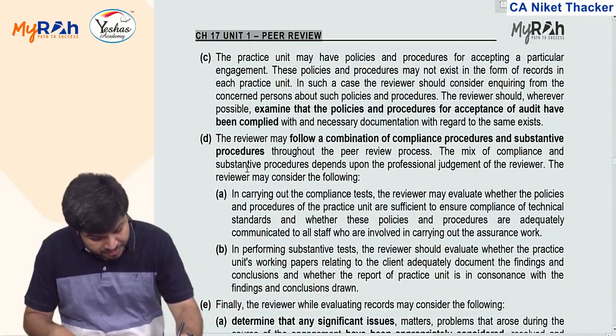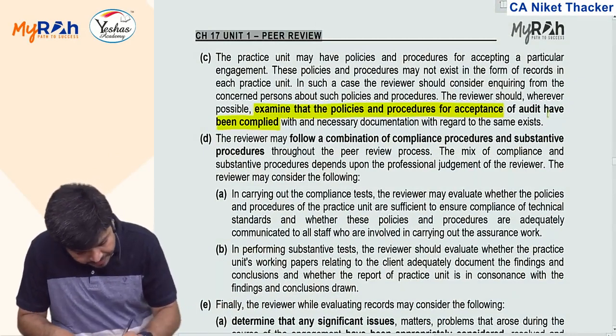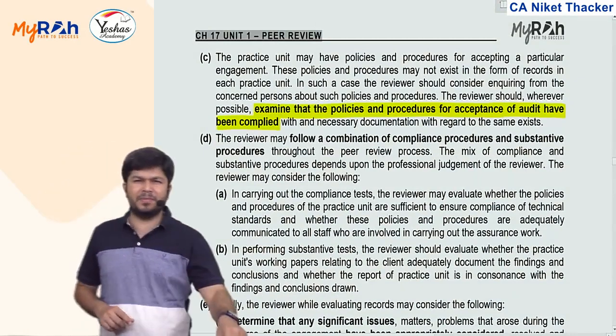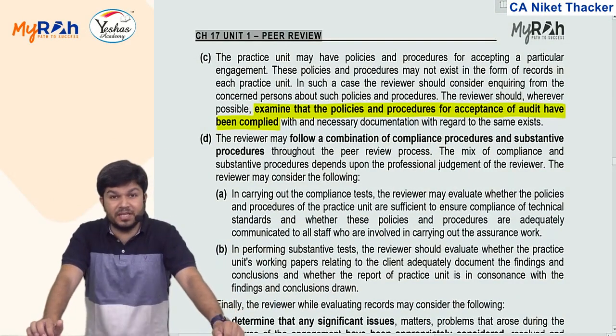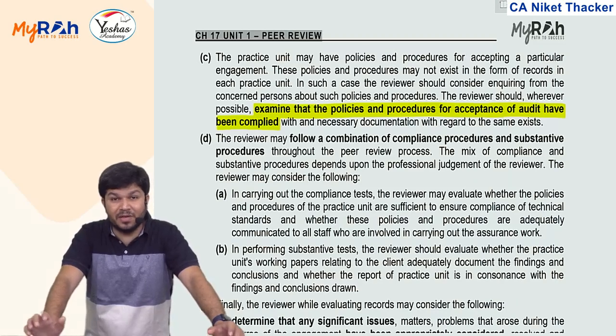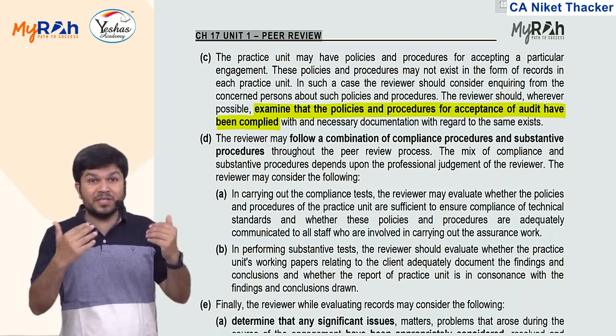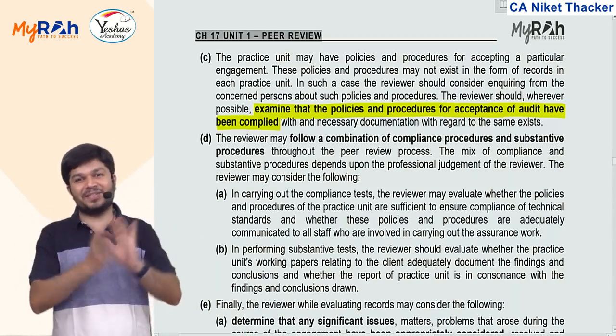Third, I'll examine the policies and procedures for acceptance of audit. Now see, if you remember SA 220, quality control for audit work. As per SA 220, the auditor or audit firm should have policies and procedures for accepting new clients and continuing old clients.